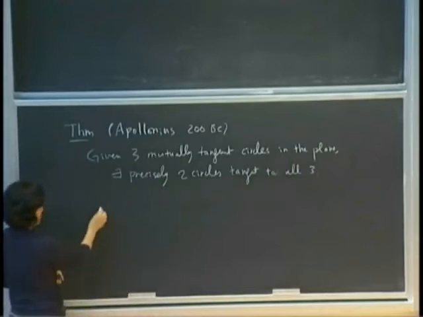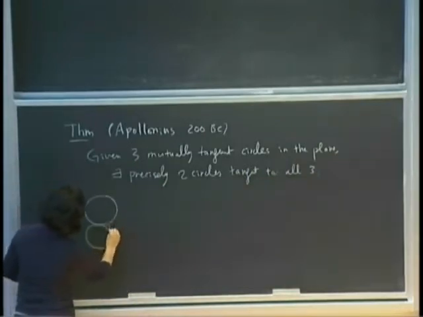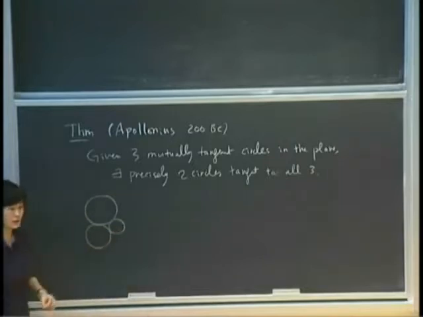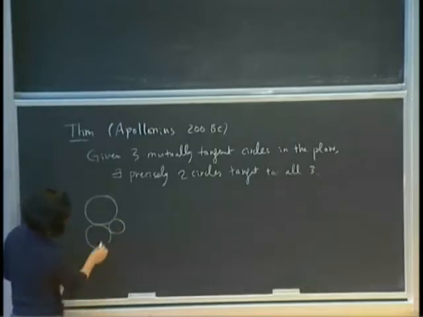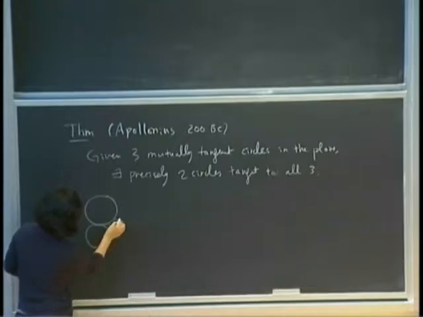Suppose we have these 3 mutually tangent circles, and the claim is there are precisely 2 circles tangent to all of them, and the obvious choice would be these 2 circles.